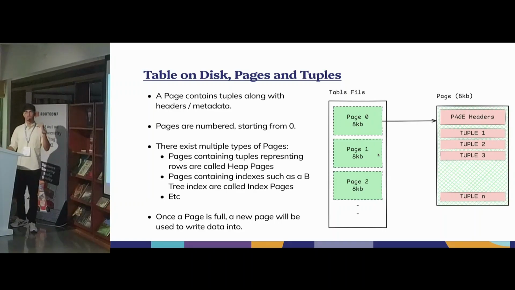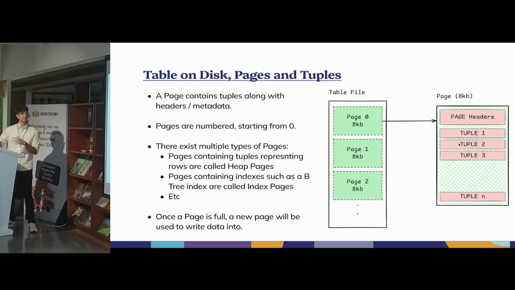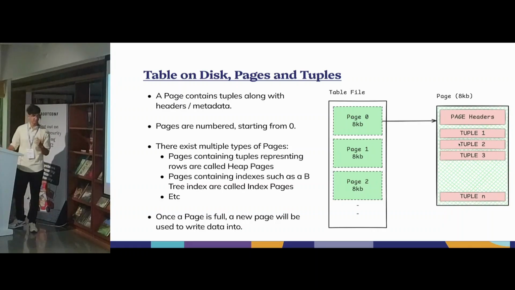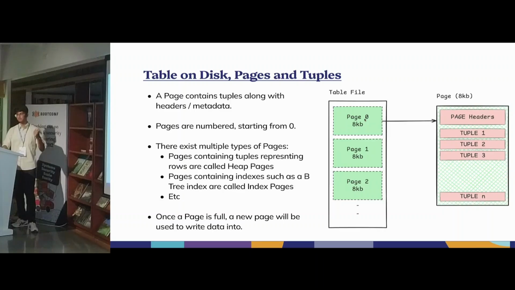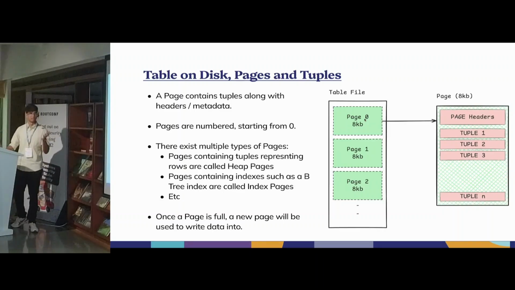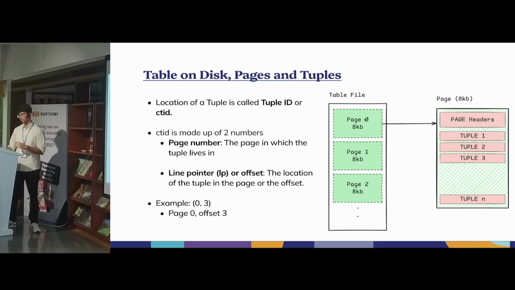For example, your indexes, such as your B tree indexes, are stored in different types of pages, and those are called index pages. What you're seeing here is called a heap page. A heap page is something that stores the actual rows and columns of a table. That is the actual table data. And one thing to note is that pages always start from 0, and as a page gets full, you're going to keep adding new pages into the table, right?